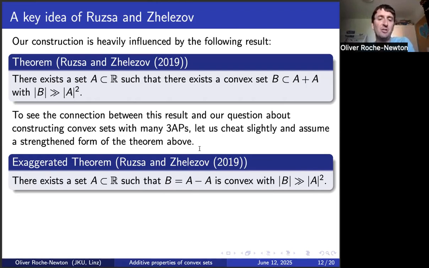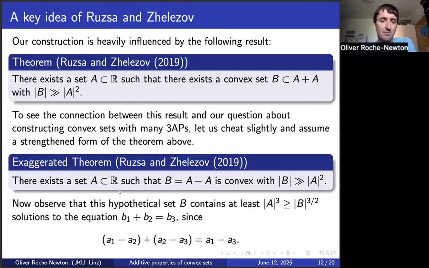So I made a couple of wouldn't-it-be-nice changes to the theorem. And if we had this version of the statement, let's see how it helps us. Now with this hypothetical set B, we get lots of solutions to this equation B1 plus B2 equals B3, which is almost like the 3AP equation, just without the 2.